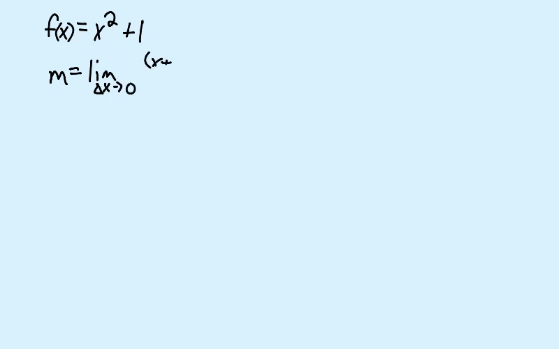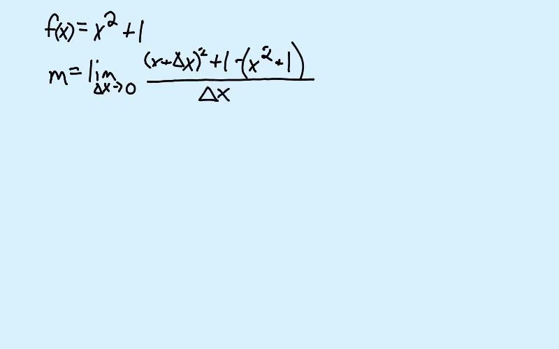In other words, my e from the previous examples has to be going to 0 for my limit. And this is going to be f of x plus delta x, which I've already substituted in inside the parentheses. And it needs to be minus my original f of x, which I've already substituted in as well. This total will be divided by delta x.